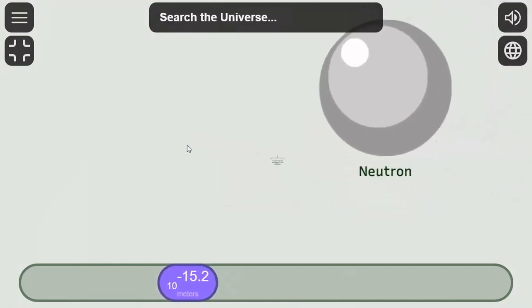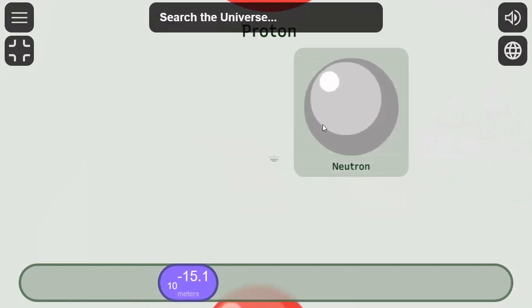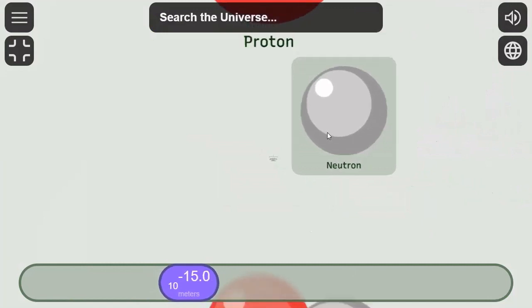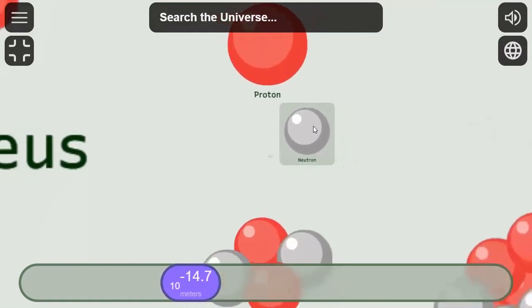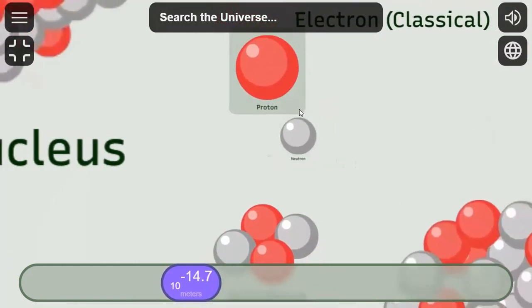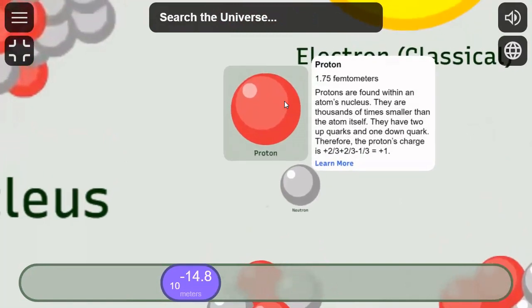Wow. Then neutron, one of the subatomic particles. It is about 10 raised to the power minus 15.1 meters. Then proton. Neutron, proton, the subatomic particles, as I hope we all know. Proton 1.75 femtometers.